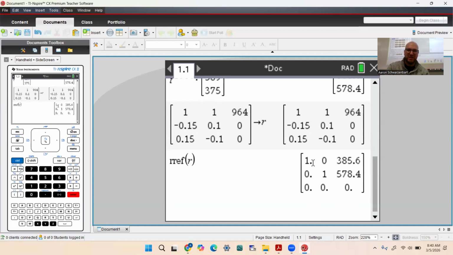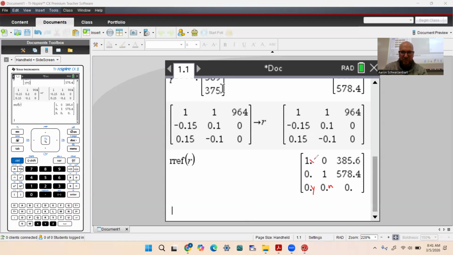So what does this mean? Ultimately, this means we had essentially our combination matrix, which was 0. What was the variable? Y, n. This is 1y plus 0n equals that. So y is 385.6. 0y plus 1n equals.